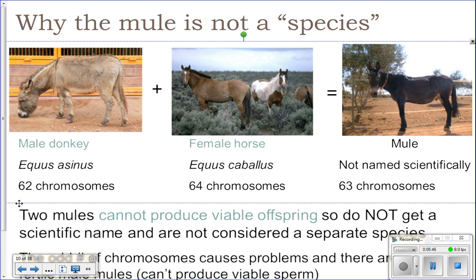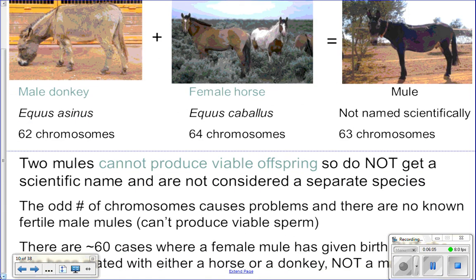Because the mule has an odd number of chromosomes, one of those chromosomes doesn't have a pair, doesn't get lined up, and so some of the sex cells that get produced are missing a chromosome. Therefore, when they try to have babies, they don't produce viable sperm or viable eggs, so you don't get babies from mules because they have an odd number of chromosomes.